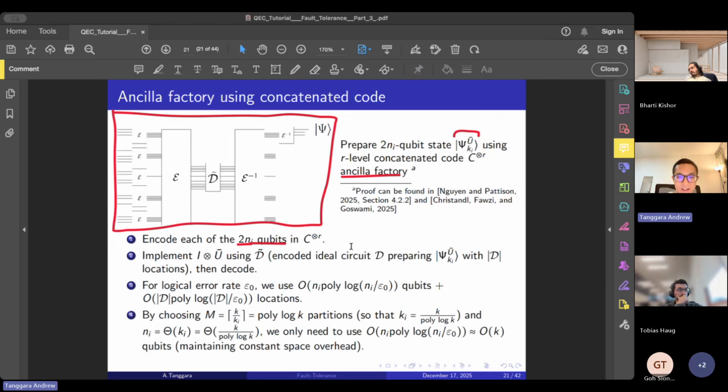Now I can just decode and get the ancilla that I want at the end of that circuit.